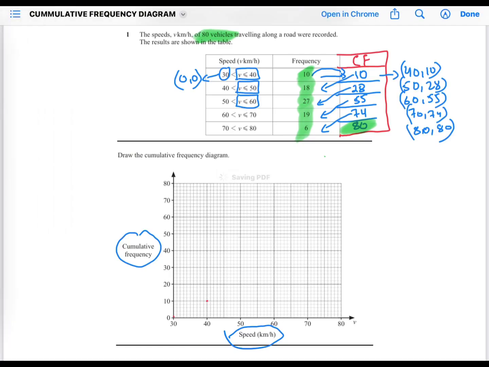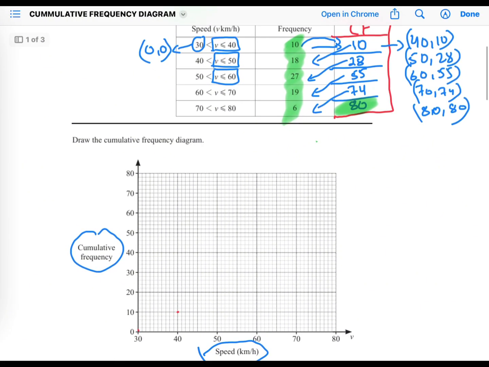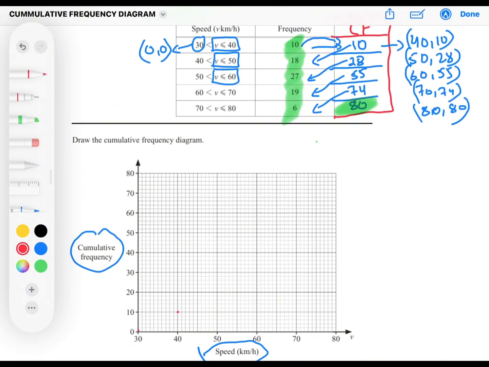Let's zoom in. At 50 we have 28, so here we have 50, and 28 is somewhere here. Then we have 60, where we have 55, so 55 is somewhere in the middle of this.